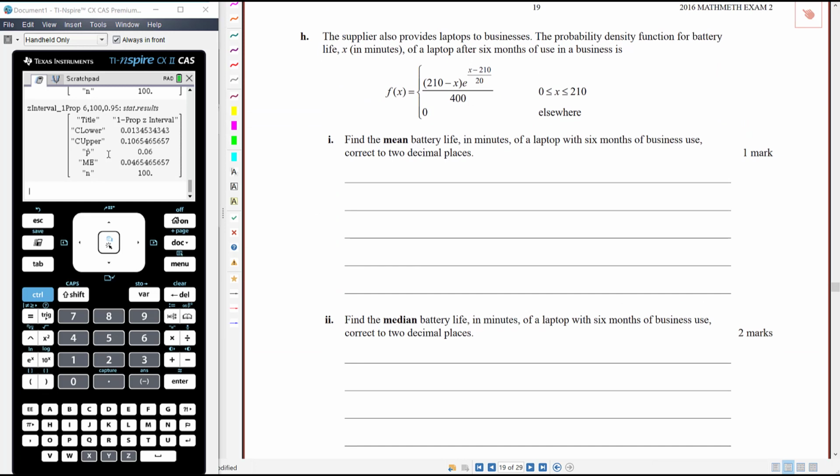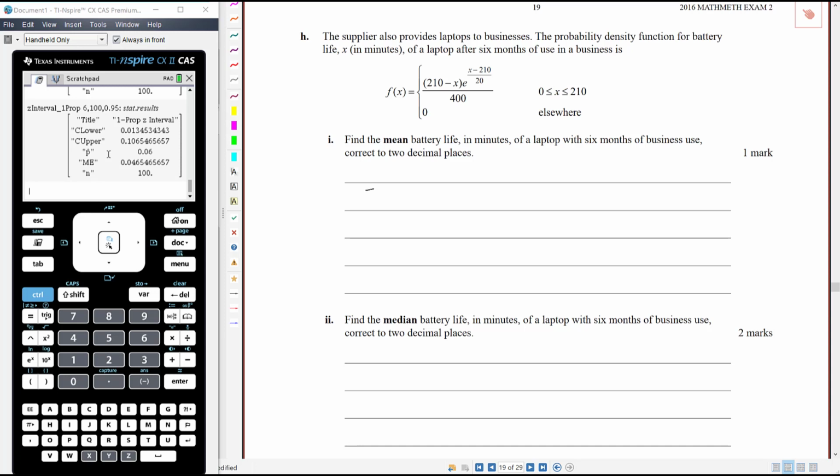The supplier also provides laptops to businesses. The probability density function for battery life, X in minutes, of a laptop after 6 months of use in a business is given by this. Find the mean battery life in minutes of a laptop with 6 months of business use.